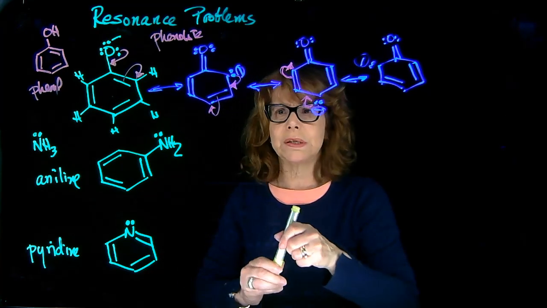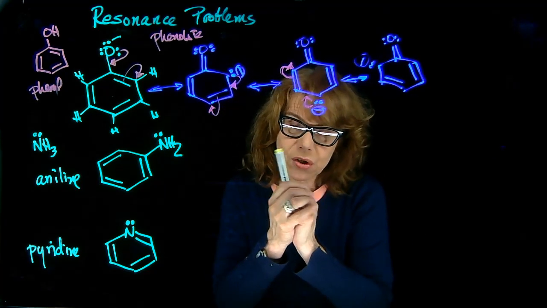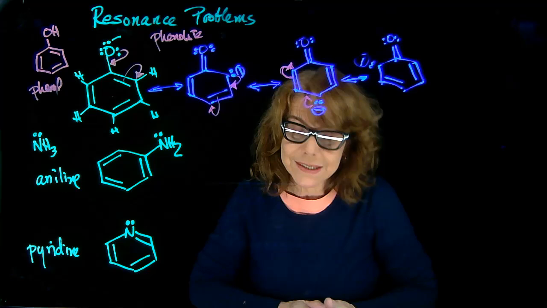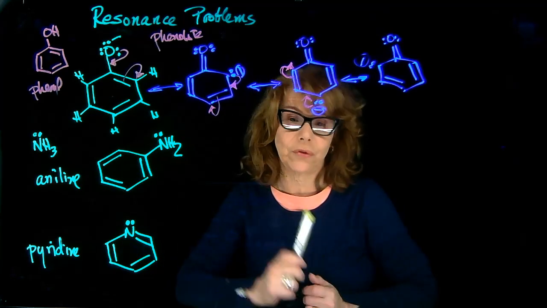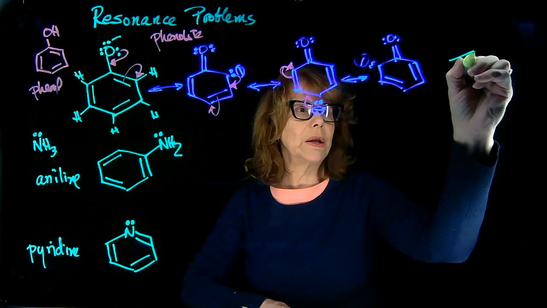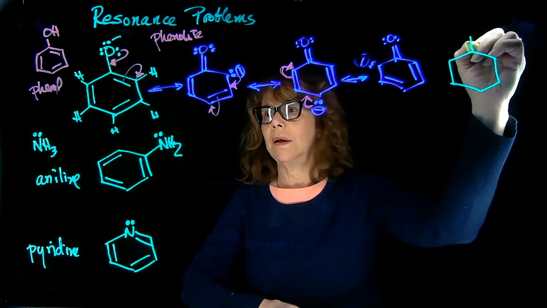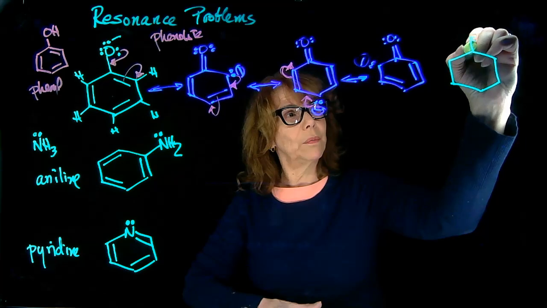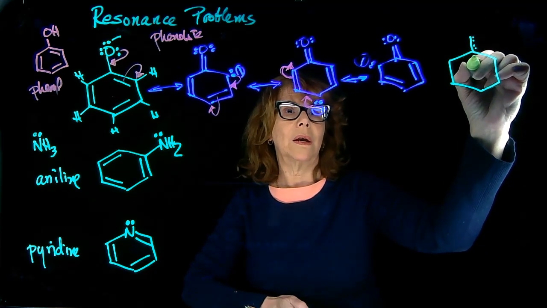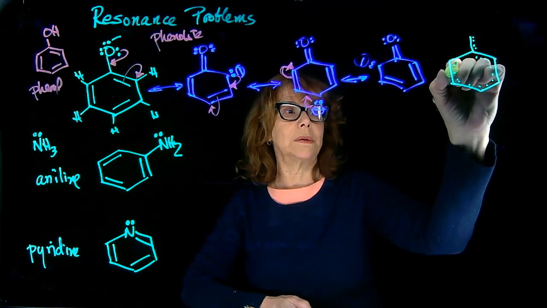What is different is that in these structures, the negative charge is on a carbon, and here the negative charge is on the oxygen. So that's the structure that contributes the most to the hybrid. I can draw the hybrid the following way. Yes, electrons are going to be delocalized, so I'm going to have partial double bonds.